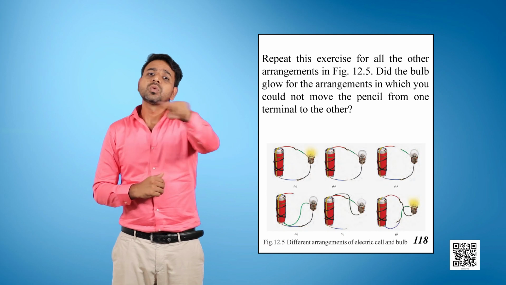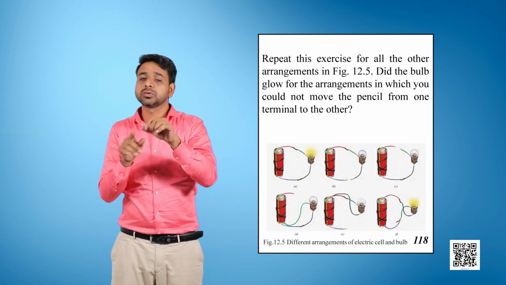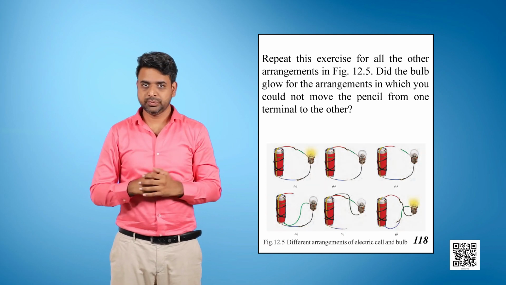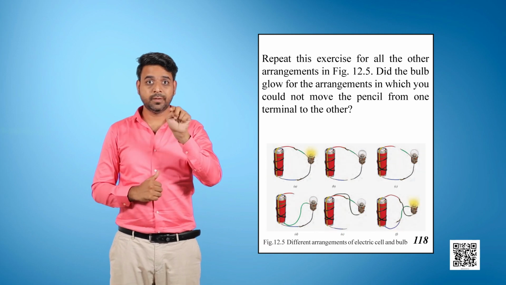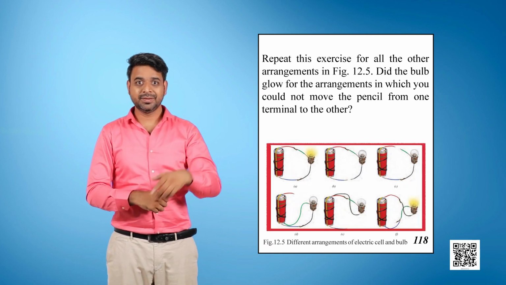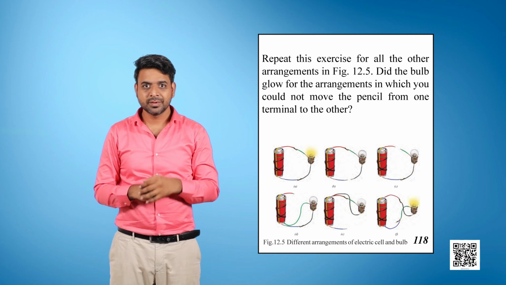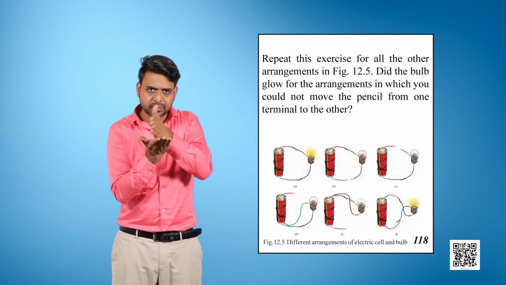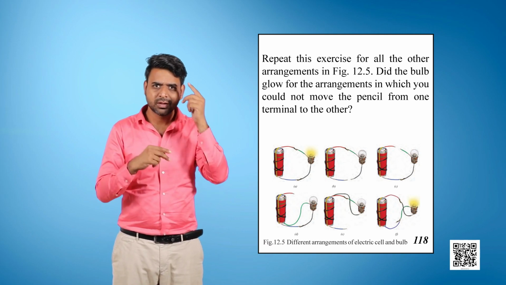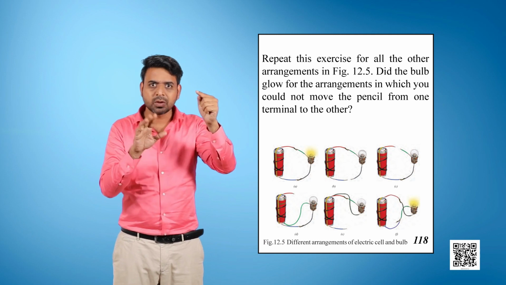Repeat this exercise for all the other arrangements in figure 12.5. Did the bulb glow for the arrangements in which you could not move the pencil from one terminal to the other?